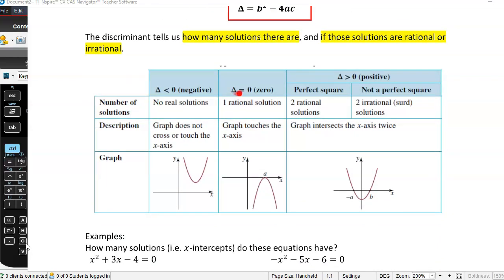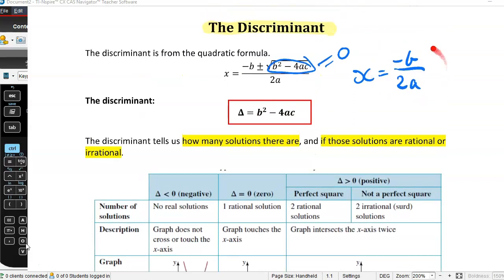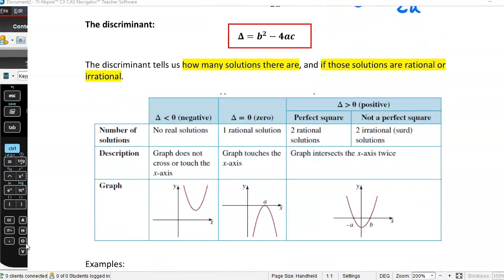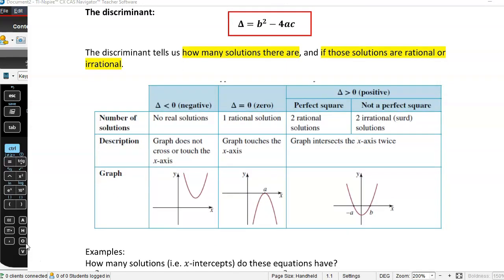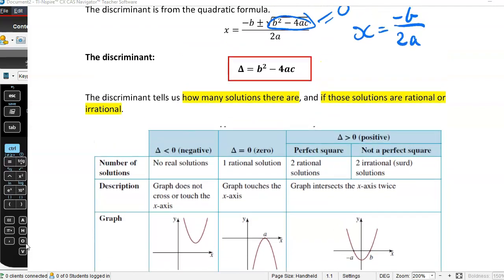That's why if our discriminant is equal to 0, we only have one solution, and it's rational because it's this nice fraction. That means the graph touches the x-axis. There's one intercept, and we say that it touches. There's a bit of language you need to understand: when we say intersect, that means crosses it, and touch just means touches it but doesn't cross over.